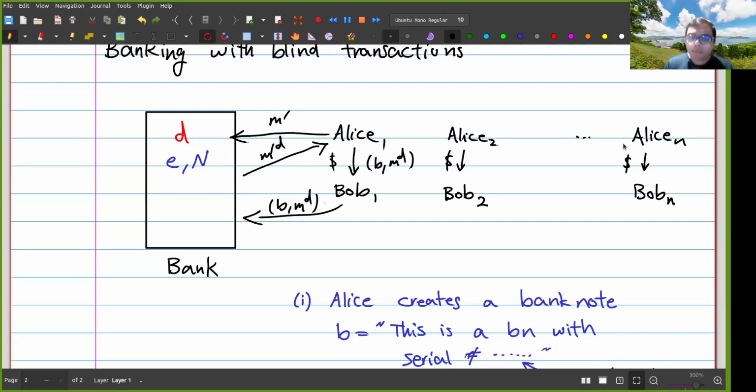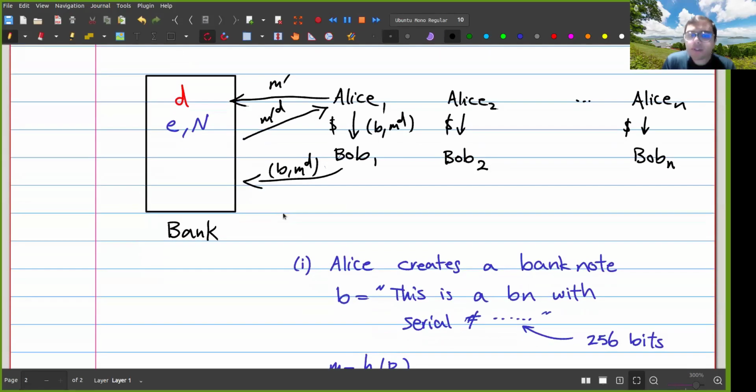So from the bank's point of view, the only thing that is verifiable is that I have my own signature on this banknote B. But I have never seen this banknote B before, so I don't know which withdrawal created this banknote. All I know is that this corresponds to one of the people who withdrew money from their accounts, but not which one again.